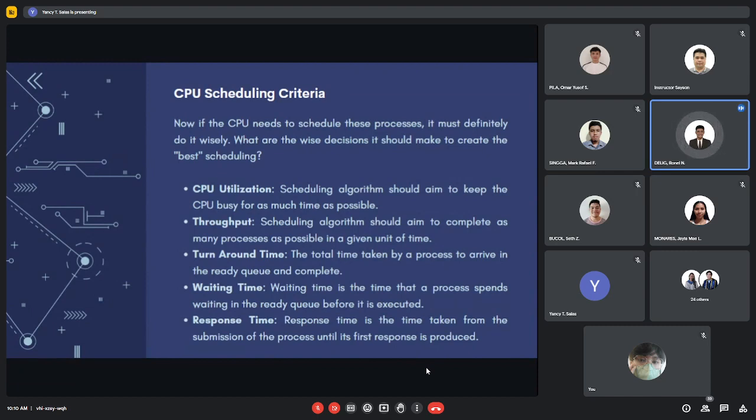By the time the output is still waiting to come out, another process is already being executed. So the time it takes to first response is our response time, and the scheduling algorithm must minimize that response time.